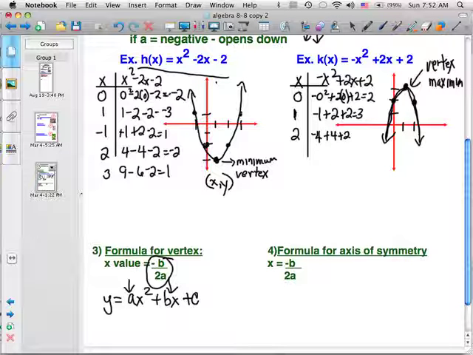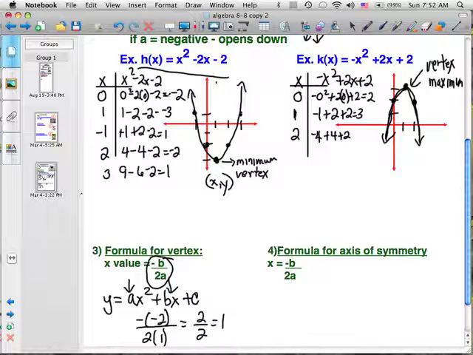So if I was looking at this equation right here, b is negative 2, so I put the opposite of negative 2 over 2 times a, and a in this one is 1, 2 times 1. So I get the opposite of negative 2 is 2 over 2, which is 1. And the value for x was 1.